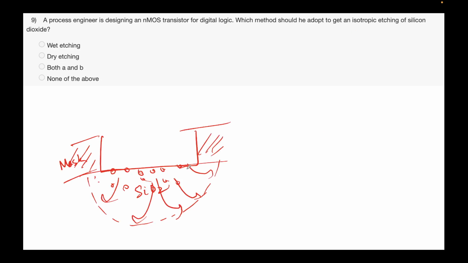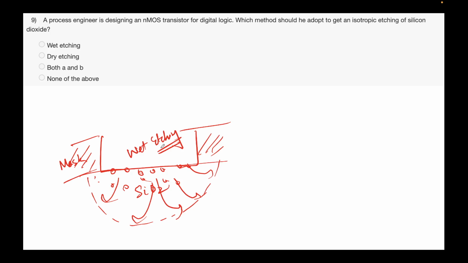This is in wet etching. Whatever chemicals you are putting, in this case most likely hydrofluoric acid, it will behave something like this. On the other hand, for dry etching, what we use is essentially plasma, just like in the ion implantation we did. So here this highly directional plasma is coming.